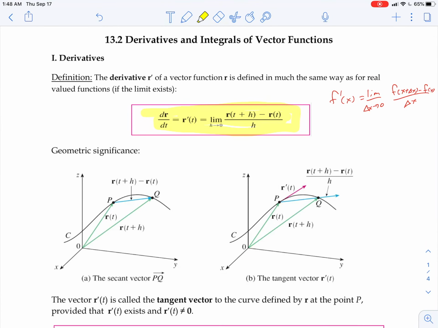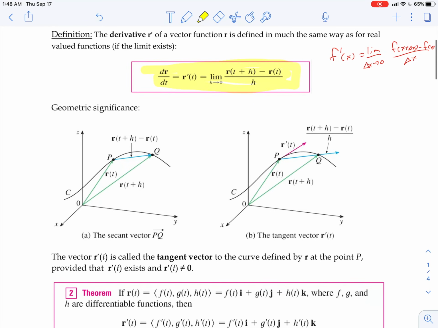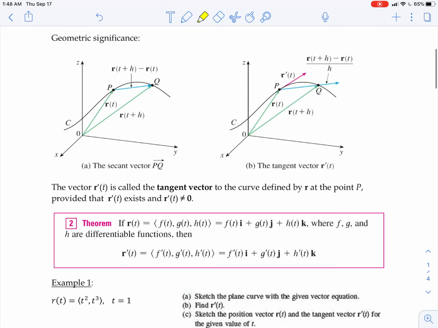So when we find the derivative of our vector function, we're going to be given the tangent vector. Instead of getting the slope, we get the tangent vector. Here you can see an example of getting the tangent vector. It's just the derivative of r.